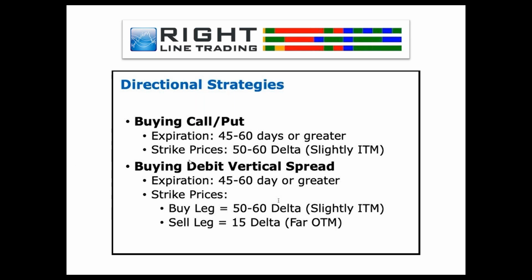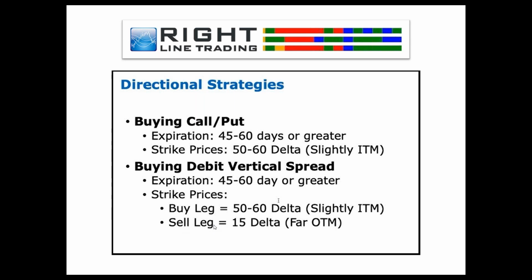Now, buying debit vertical spreads is very, very lucrative. Again, you're buying the position. So you want 45 to 60 days. You want plenty of time. You want the position that you buy to be exactly like any other position: 50 to 60 delta, slightly in the money.